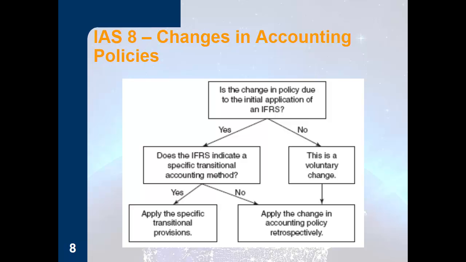And when that's the case, we apply that specific transitional provision and move forward. If there is no specific transitional method, then we apply the standard retroactively, which means we go back and restate prior periods. If we do not have an initial application of an IFRS, it's a voluntary change, and in that case, we also have to do retrospective reporting.